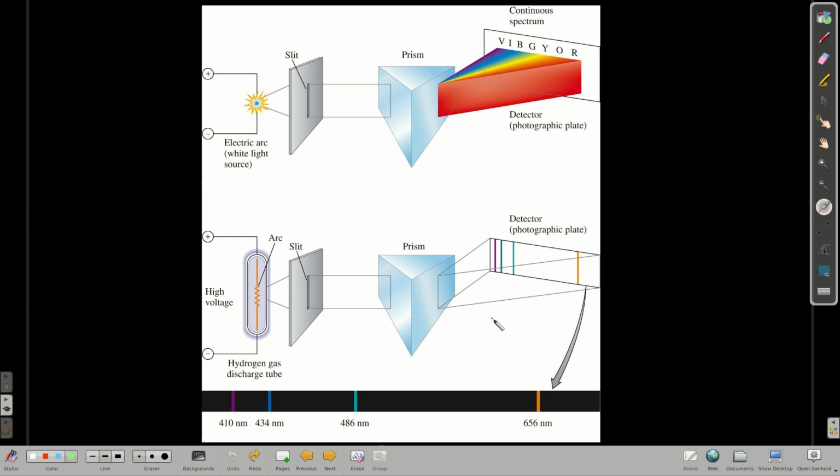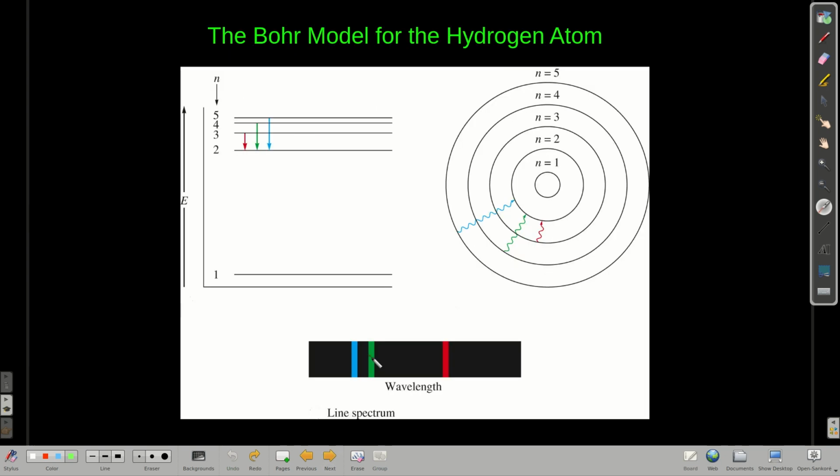Scientists back around the turn of the century, in 1900, were unable to explain this using classical mechanics. So then along came this guy Bohr, who proposed that just like Planck said about energy being absorbed in quanta, and Einstein said about the energy being quantized, what if the electrons in an atom could only exist in certain orbits about the nucleus?